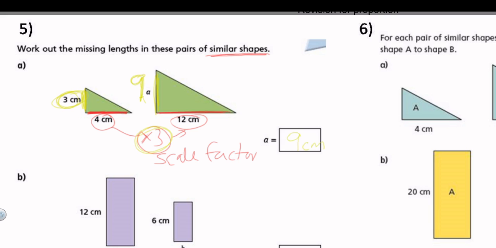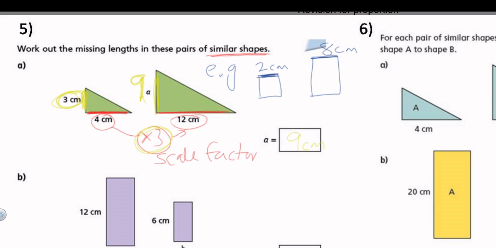I'll do a similar kind of example, another one. Here's an example. Got a little shape here and a bigger shape. And I will tell you that they are similar. We'll label the top one 2 centimeters and the big one, we'll label that one 8 centimeters.